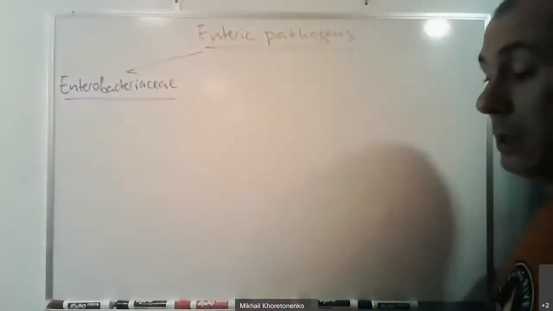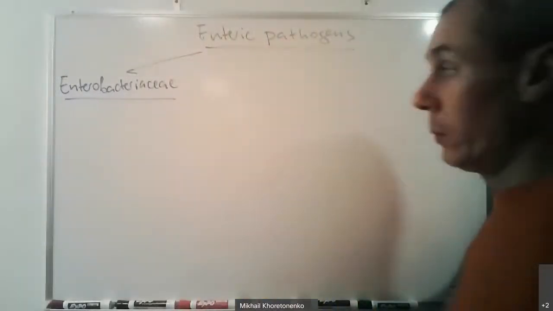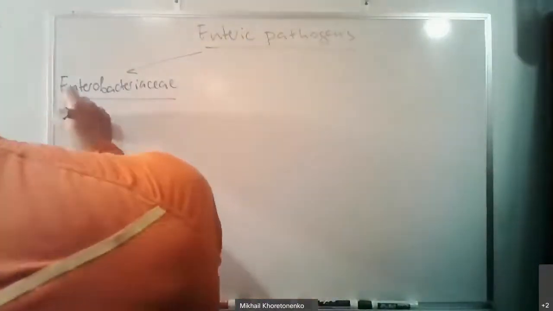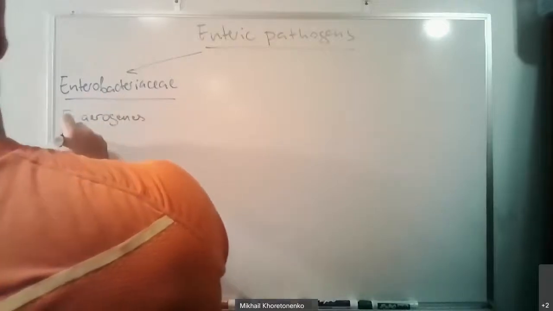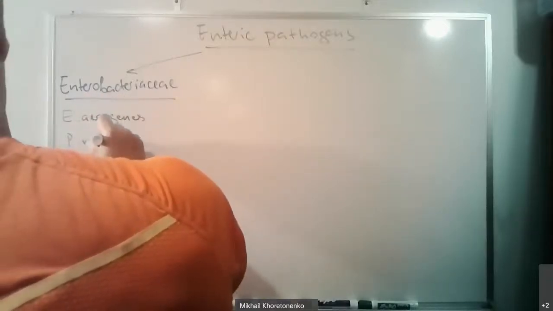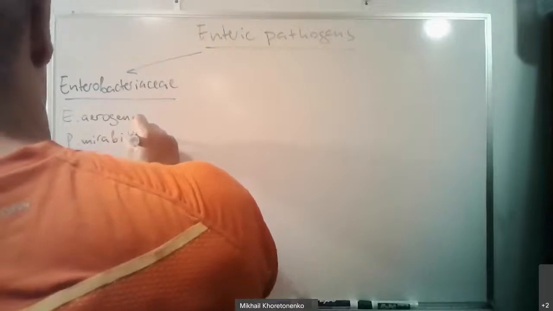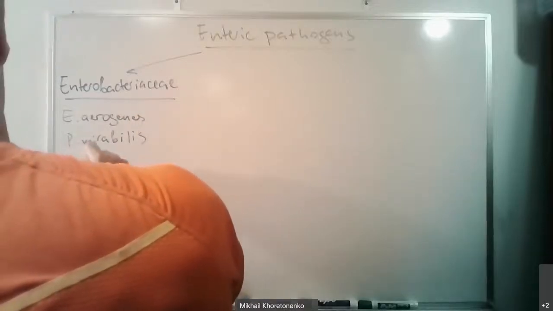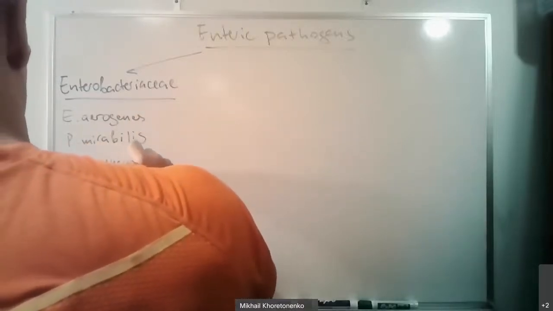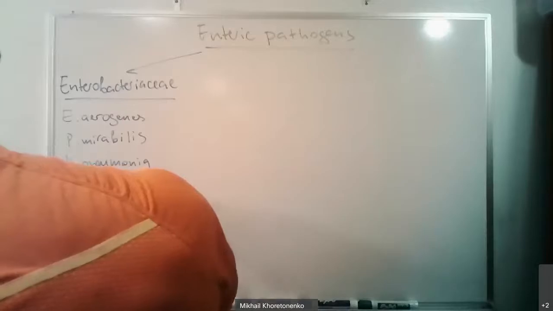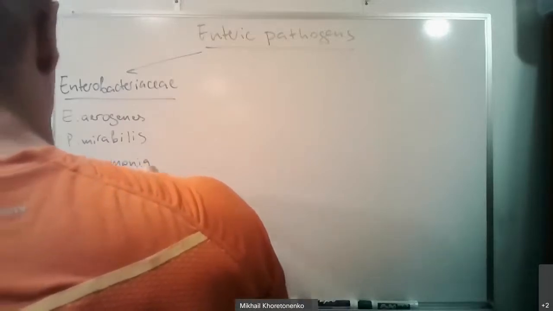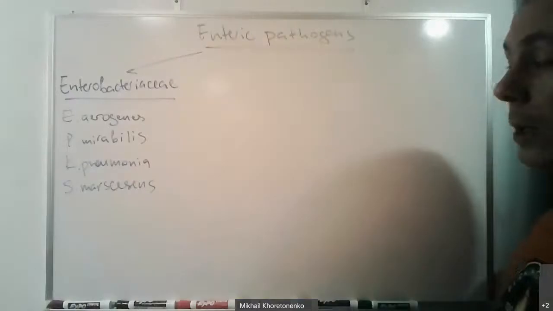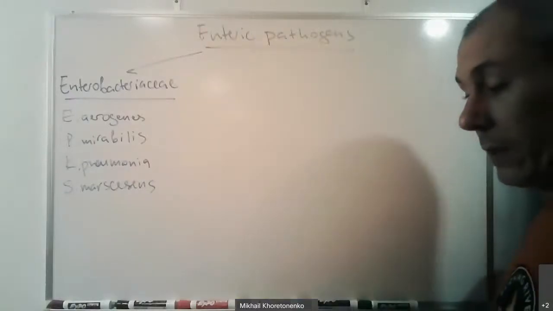There are 4 species that I specifically put in this group: Enterobacter aerogenes, Proteus mirabilis, Klebsiella pneumoniae, and Serratia marcescens. I'm not sure about the spelling of marcescens, but it's fine.